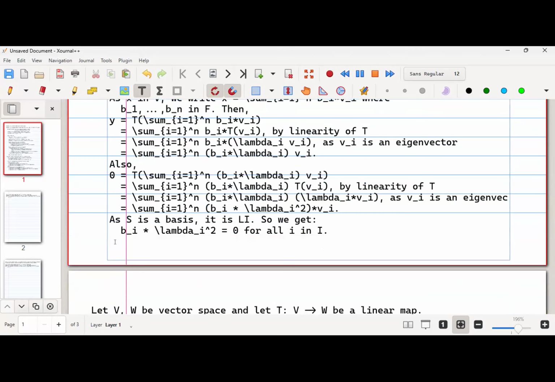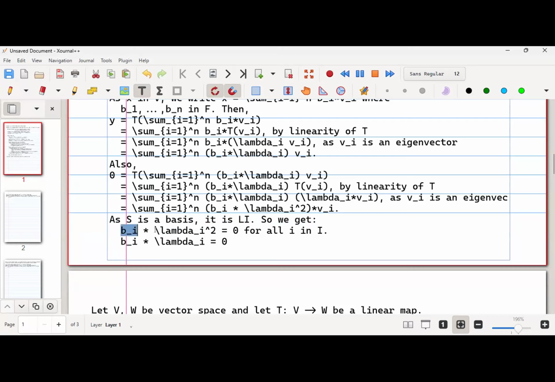And then from here we can just conclude that either b_i is equal to 0 or lambda_i is 0. This would imply that b_i times lambda_i is equal to 0. Why? Well, you can use algebraic laws on vector spaces.